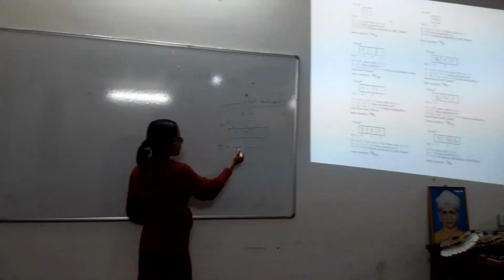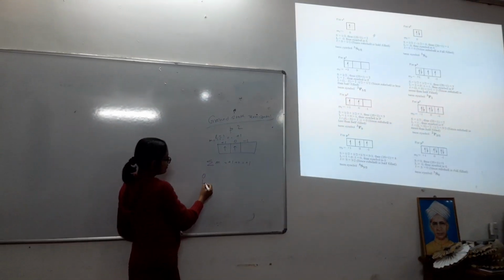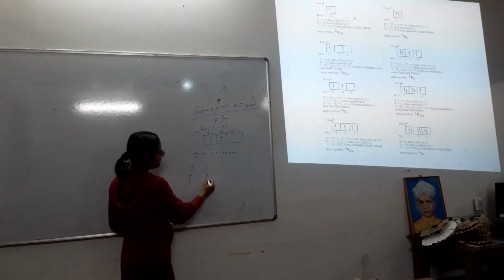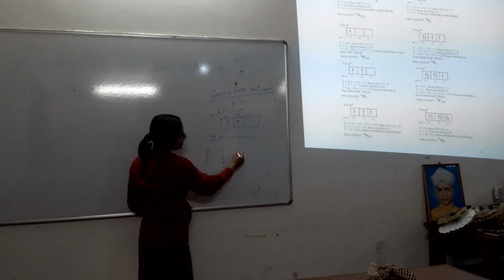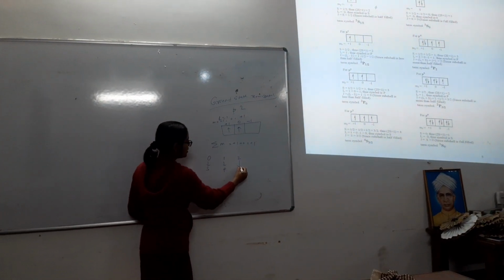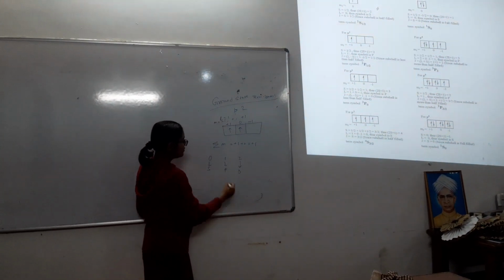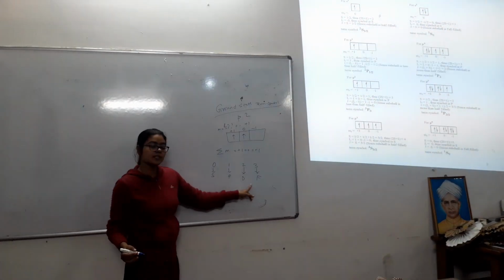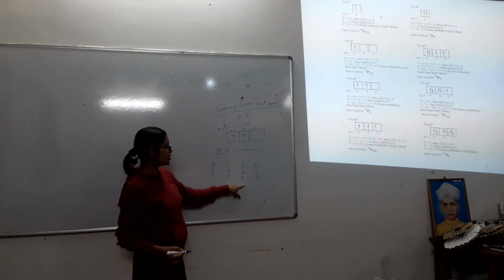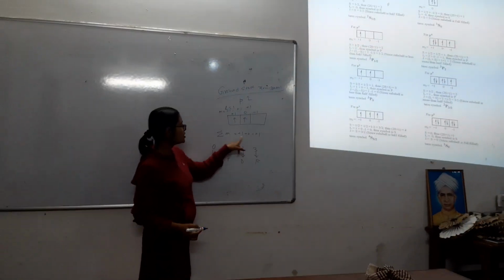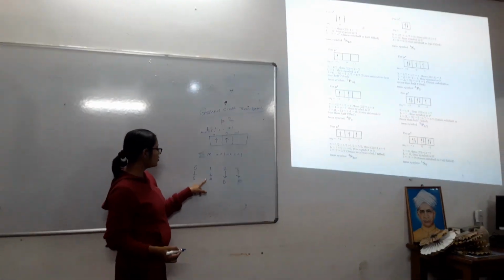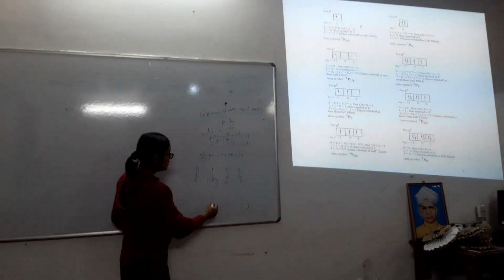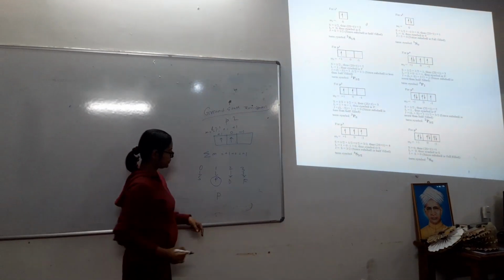If this summation is 0, then our symbol will be S. If the summation is 1, then it will be P. If the summation is 2, then it will be D. If the summation is 3, then it will be F. This is the term symbol for the ground state. Now you can see here the summation is 1, so the symbol will be P. So for the p2 configuration, the term symbol will be P.